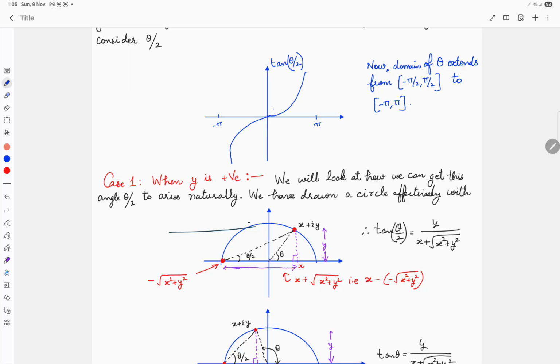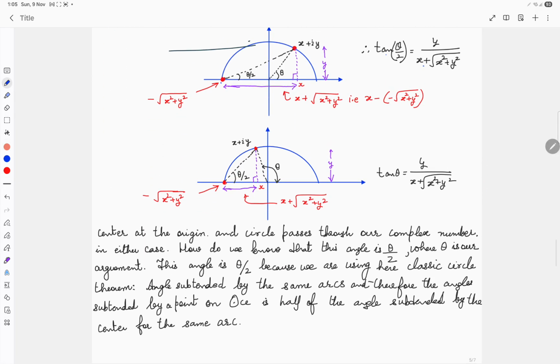So the factor that we get with the horizontal value is x plus under root of x square plus y square. So therefore my tangent theta by 2 will be equal to y over x plus under root of x square plus y square. So we will use this function to calculate the argument or theta value. And in the other case, if this point lies in the second quadrant, again this is the right angle triangle, this is angle theta, and this angle will be theta by 2.